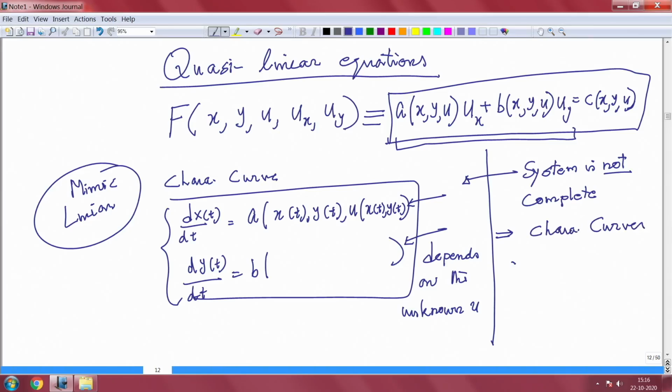are no longer plane curves. So, we have just changed a bit, no longer plane curves. That is where the issue is.